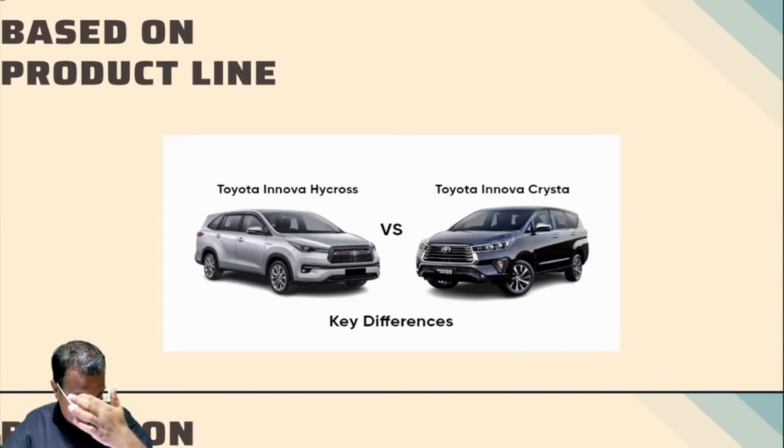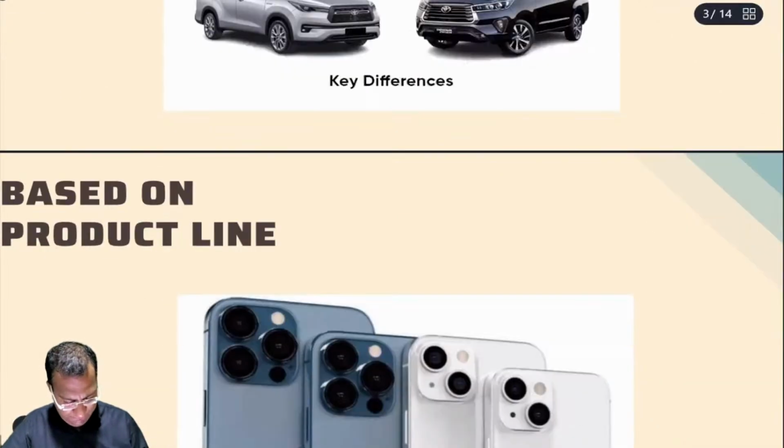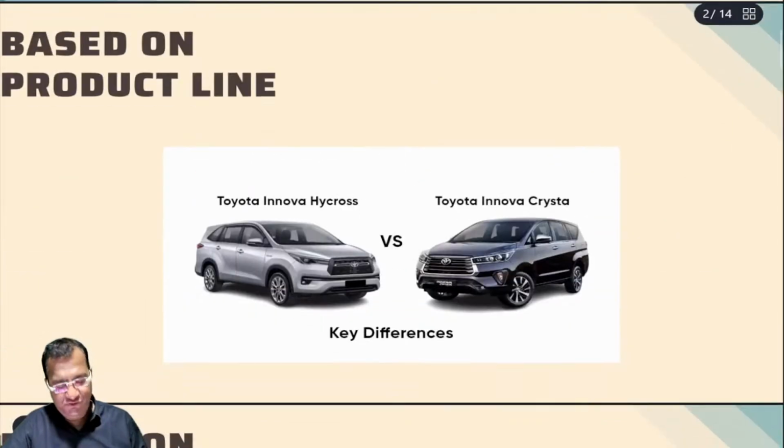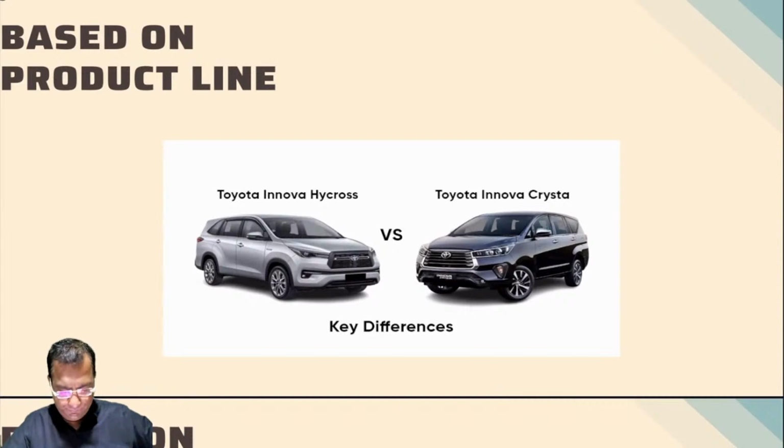Please write down the example, beta. Based on product line, we can discriminate the price. Write down the examples. Toyota Innova Crysta, and Innova HyCross.